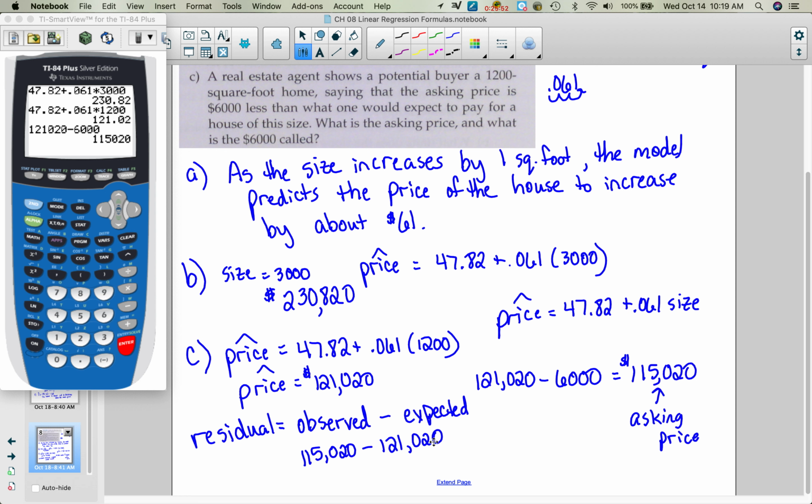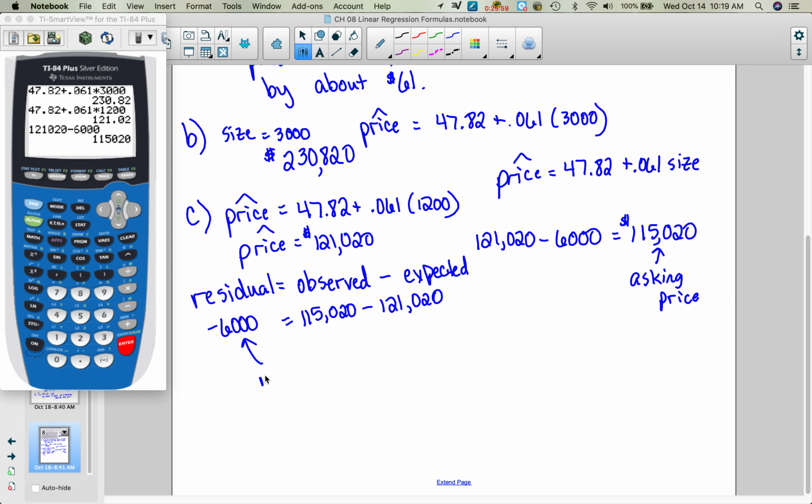If I subtract these in this order, I get negative 6,000, and that is actually the residual. It's the difference between the observed minus the expected. It's a negative residual because our asking price, our observed, is less than what's expected. So that should take you through the examples that you would need to know in order to do the homework that I have assigned.